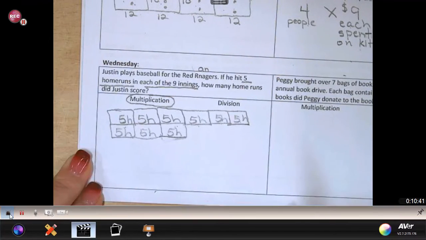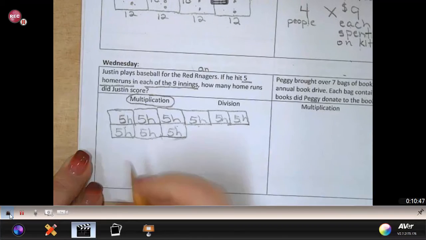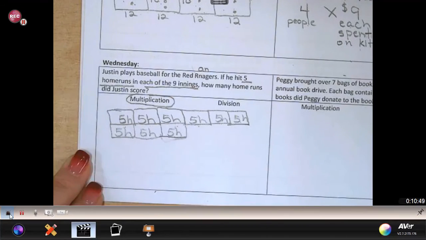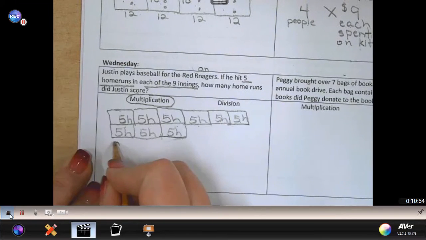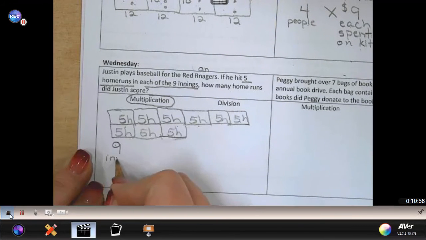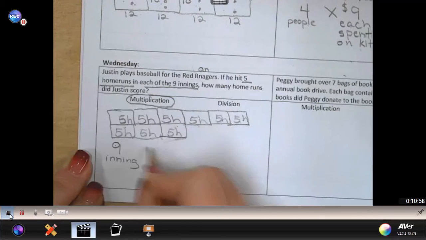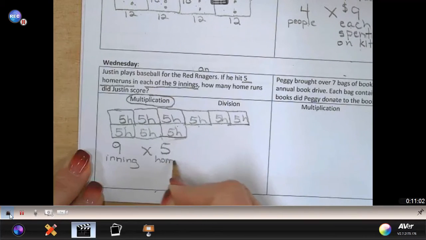Now in this case, they're not a physical object, it's just a numerical object that we're thinking about. A home run is 1 for each time you come around the base. So there are 9 innings. Those are the groups. He's scoring 5 home runs each inning.